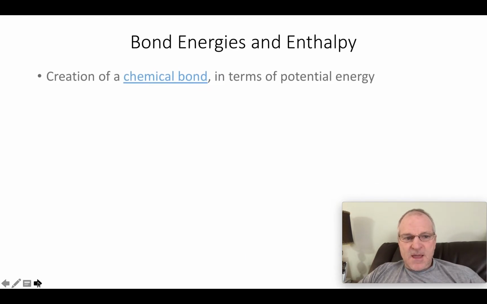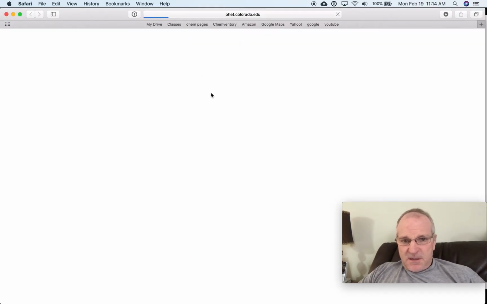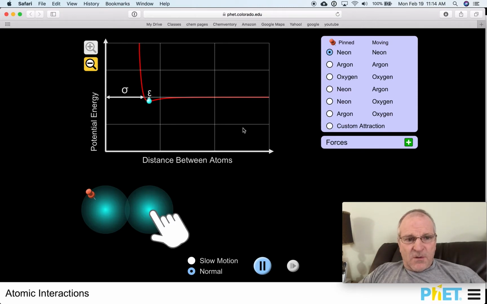All righty then. Everybody needs to see this. All AP chemistry students need to see this little deal right here on the formation of a chemical bond. I have seen this on an AP test. So what this is right here is a potential energy diagram as a function of the distance between the nuclei.